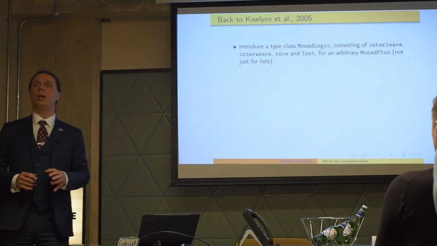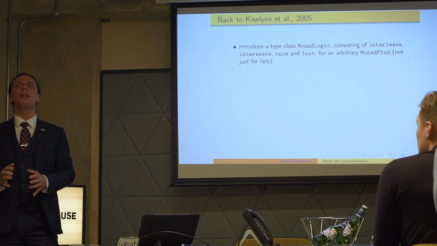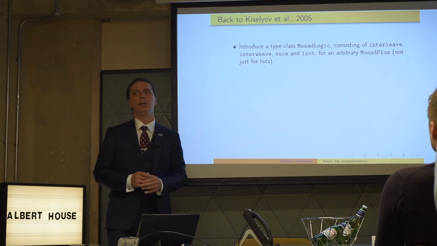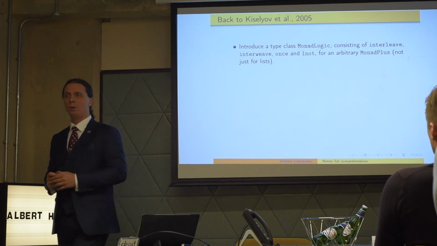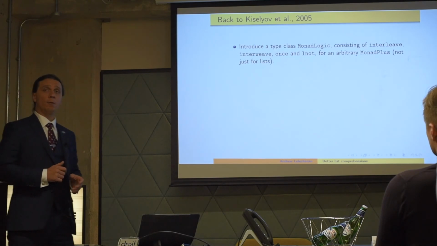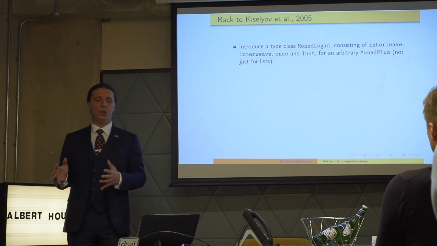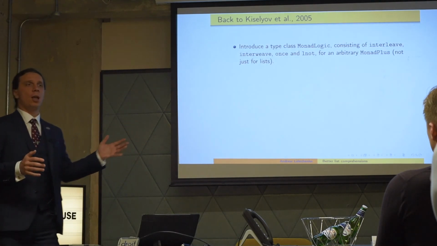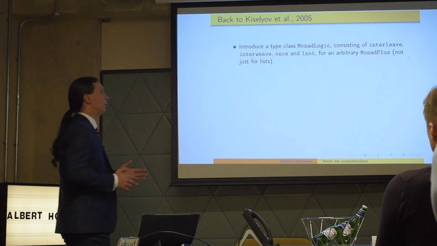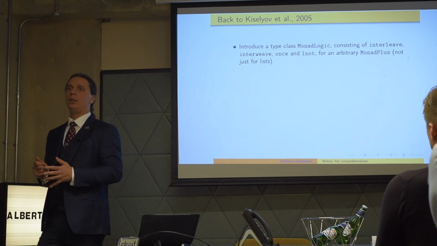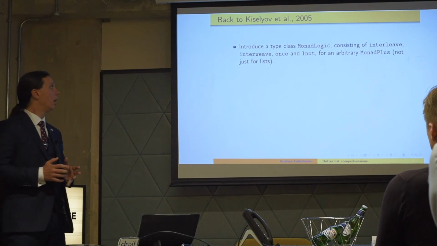I'm sorry that I'm getting technical at this point, these are very Haskell heavy definitions, but no other way. So Kiselyov and company introduced a type class MonadLogic, which basically captures these four primitives, these four combinators for our list comprehensions.